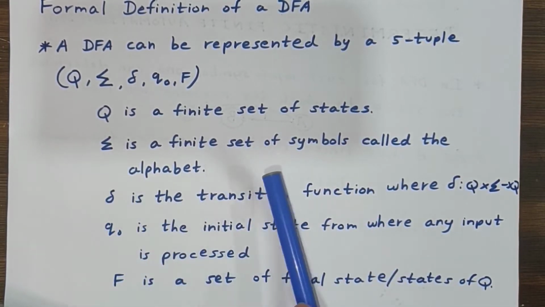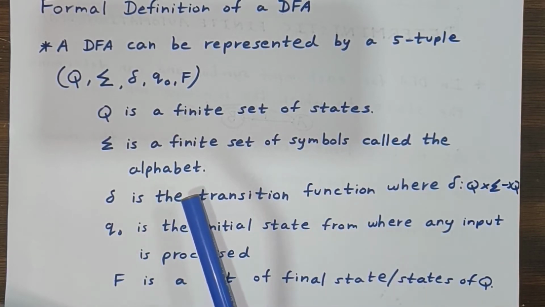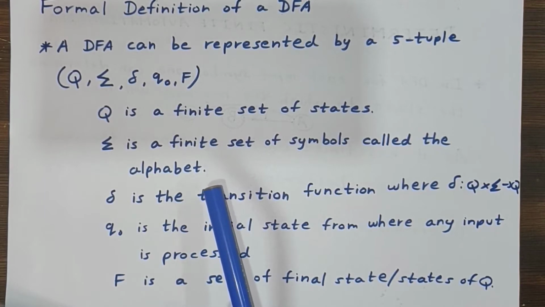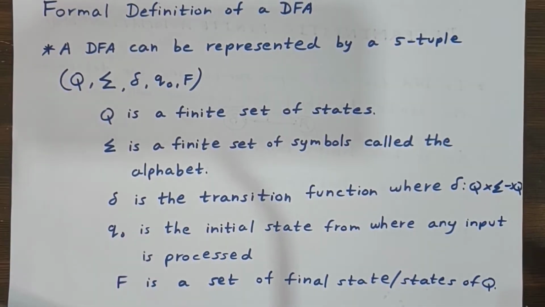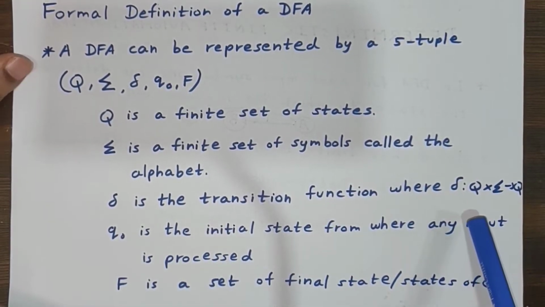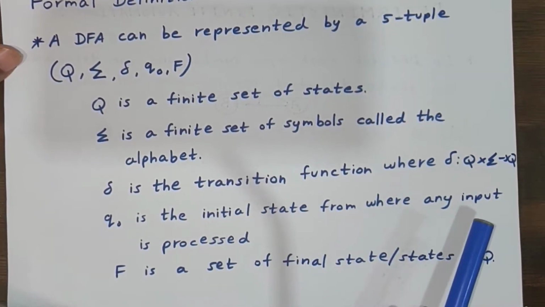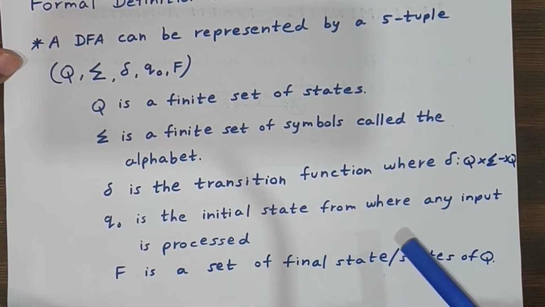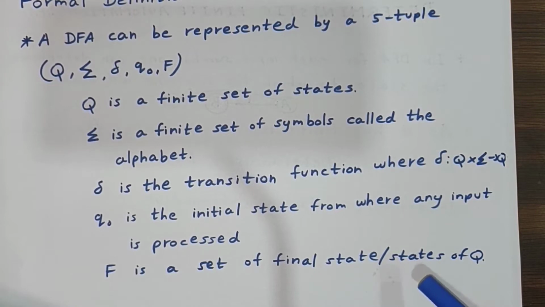Sigma is the finite set of symbols called the alphabet, the input symbols provided to the machine. Delta is the transition function, where delta is Q times sigma gives Q. Q naught is the initial state from where any input is processed, and F is the set of final states, or the final state of the machine.